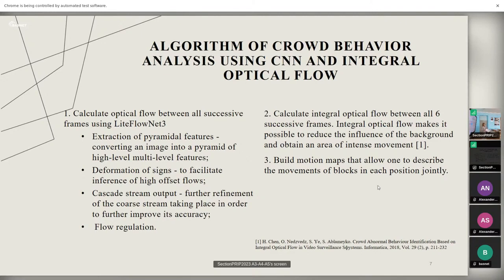Then integral optical flow is calculated, and it makes it possible to reduce the influence of the background and to obtain an area of intense movement. Based on the integral optical flow, motion maps can be obtained, and they allow describing the movement of the crowd in each position.